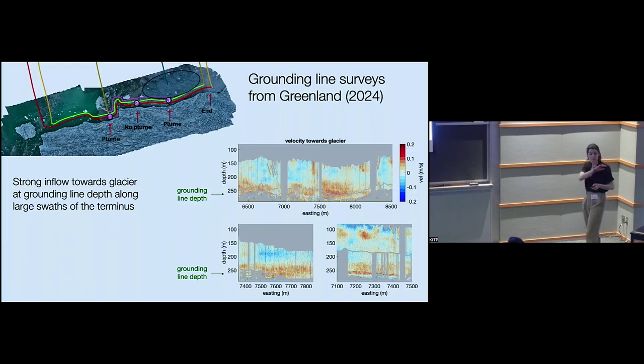Across a lot of the terminus, we're seeing this strong inflow towards the grounding line that really cannot at all be explained by our existing plume theory representations. And so this contributes to the idea that there does seem to be some enhanced mixing at the grounding line, under the grounding line. Where it's actually happening, we don't yet know, but I think it's an important part in the plume evolution that is not yet accounted for.